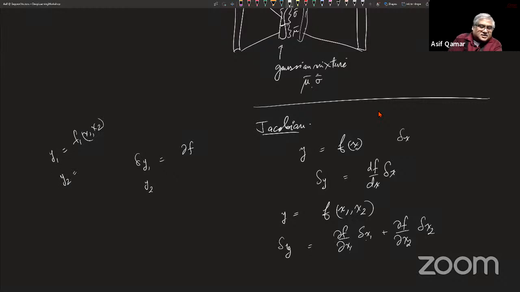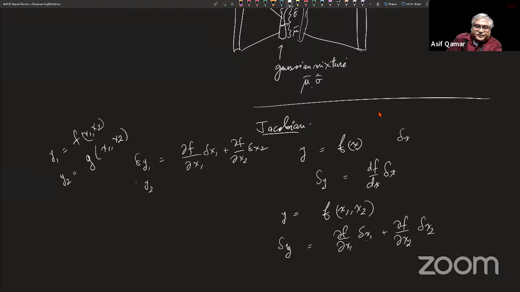Let me call one f and the other g, f and g of x1, x2. Are we together? So you would agree that this is still the same: df/dx1 delta x1 plus df/dx2 delta x2.